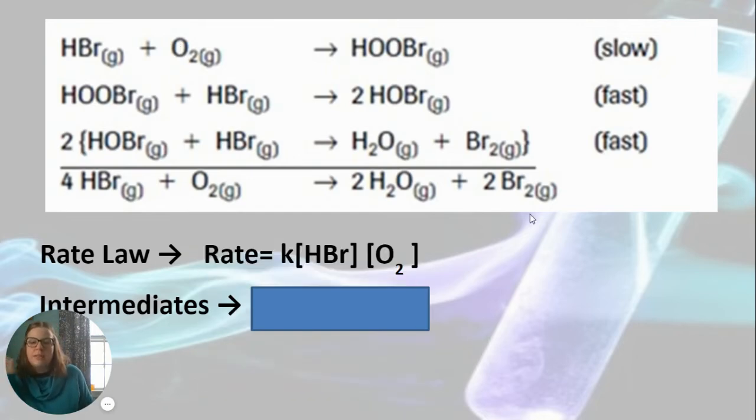And so what happens is our rate law becomes rate equals k, our constant, times the concentration of HBr times the concentration of O2. Again, I cannot emphasize this enough. This only works for the slow elementary step of your reaction mechanism. Your overall reaction does not work like this.